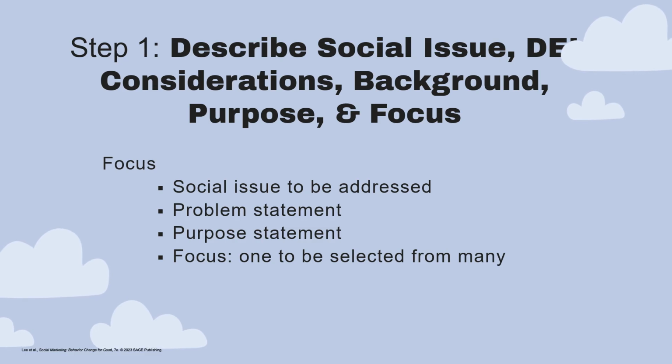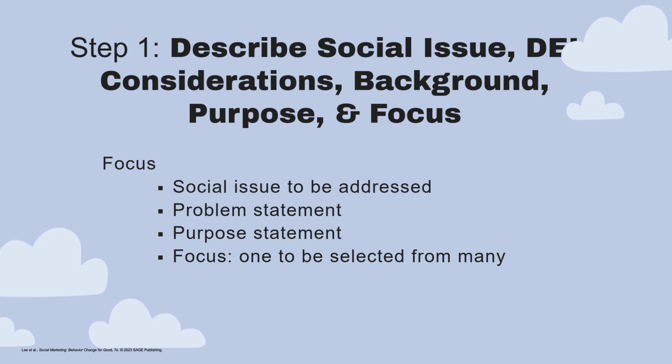Step 1 is describing social issues, DEI considerations, background, purpose, and focus. The social issue: the first step is to note the social issue to be addressed through the project. Summarize the factors that have led to the development of the plan.